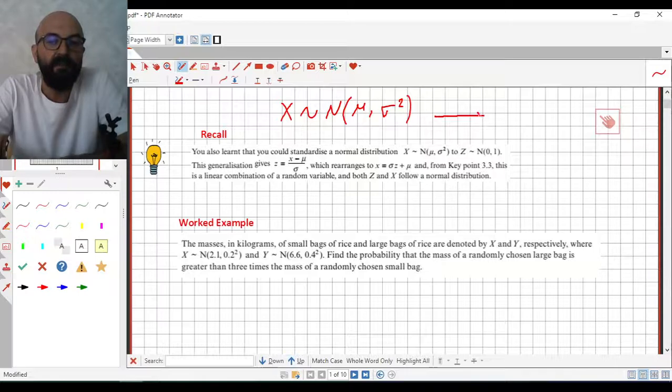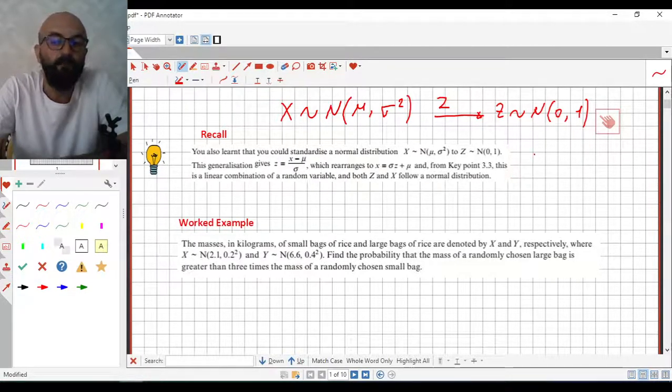Then we converted to the z value, and in the normal distribution of z the expected value is 0 and the variance is 1, because we used the z table.